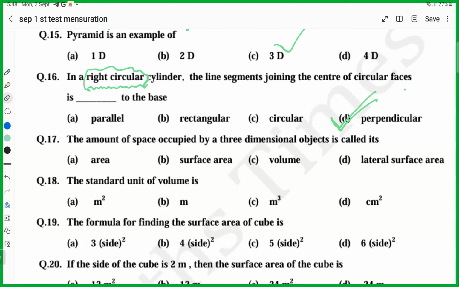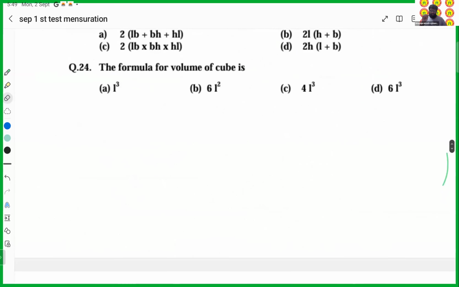Opposite. So I will tell you the difference between surface area and lateral surface area. Lateral surface area comes into the picture when we are defining area for a 3D object.